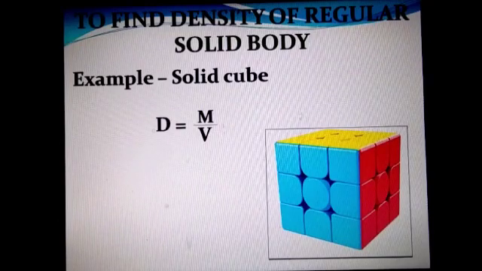For example, for a solid cube, we can find the density by finding the mass of the body and dividing it by its volume, which can be found by length into breadth into height, or by side into side into side. So it is very easy to find the density of a regular body.